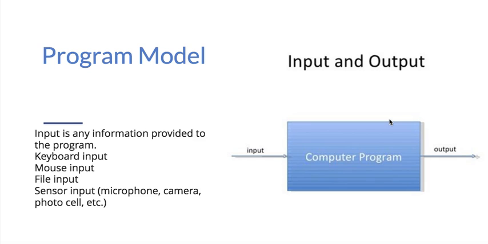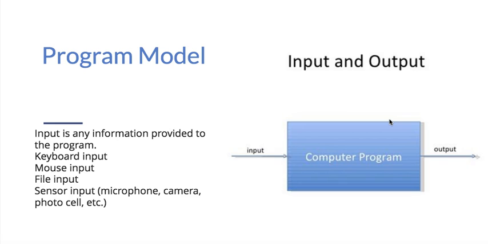Any program can be modeled using three components: an input, a computer program, and output. I can write instructions instead of computer program, but that will be the same. So we give input to some instructions and it works on them through the CPU, and it gives you the output.